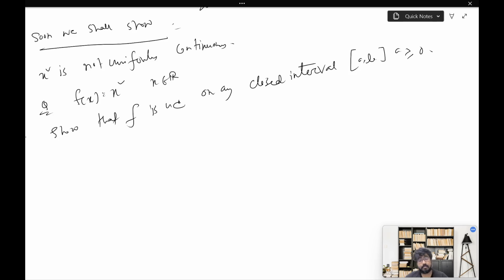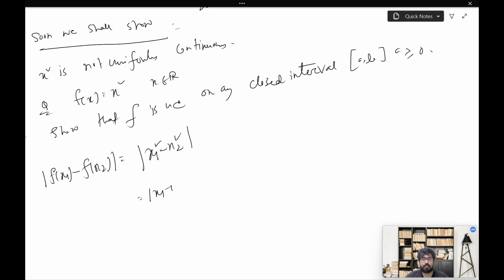How do we do it? Consider mod f(x1) minus f(x2), which is mod x1 square minus x2 square.